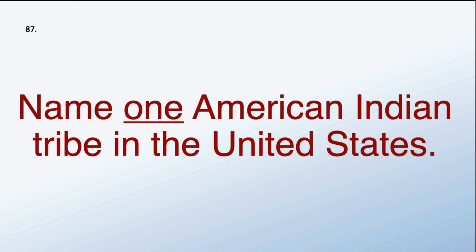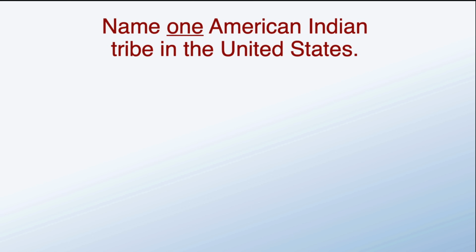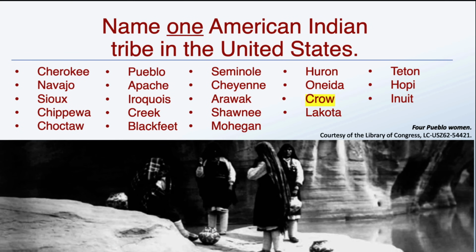Name one American Indian tribe in the United States. Okay, here's a list. I chose here Crow. Crow is the name of one American Indian tribe in the United States.